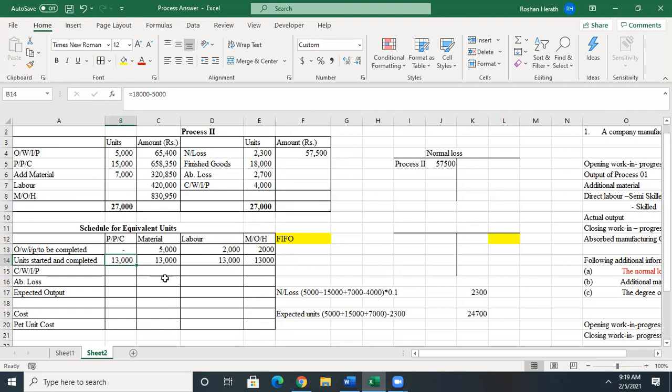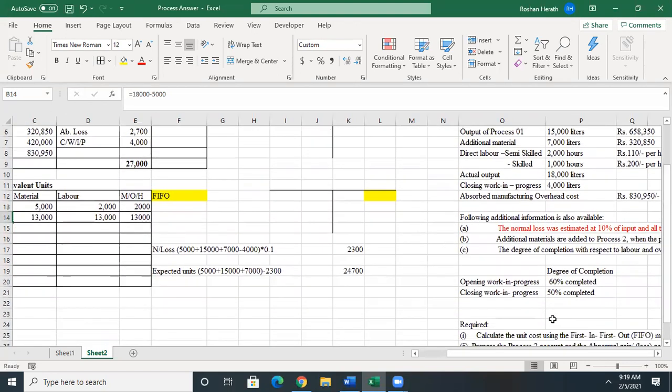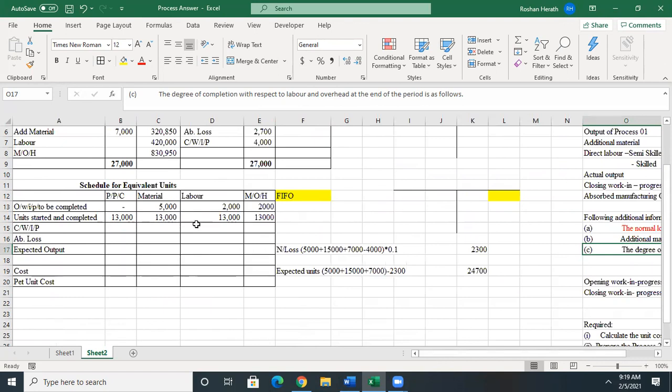So that's it. Then when it comes to the closing WIP, closing WIP is again 50% completed for labor and overhead. So here we take the completed percentage, not the units to be completed, but the completed percentage.